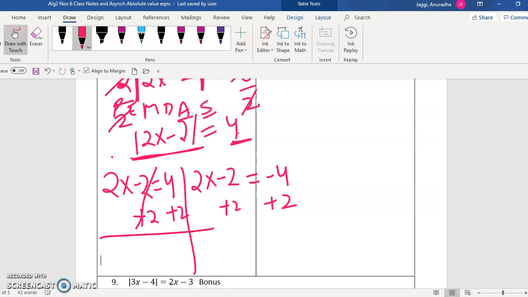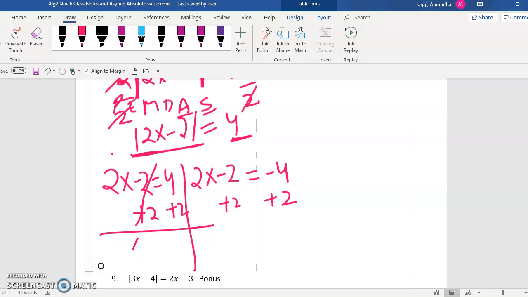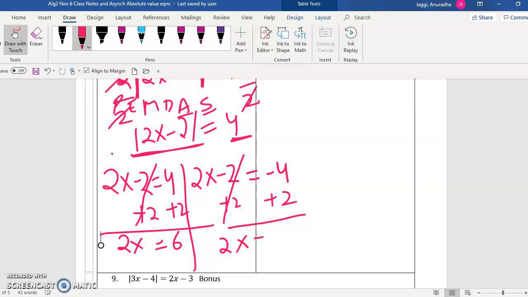Get rid of this. 2x equals 6. And here again 2x equals negative 4 plus 2 is a negative 2. So next step, inverse of multiplication, because 2 is multiplied to x, you are going to divide both sides by 2.